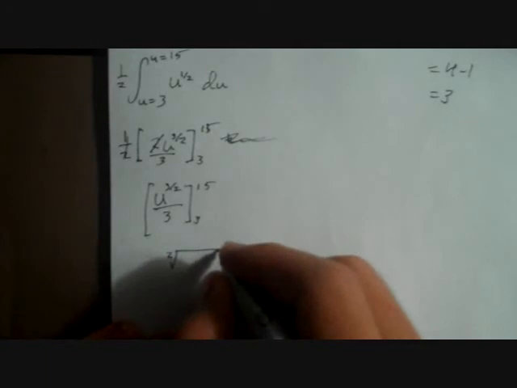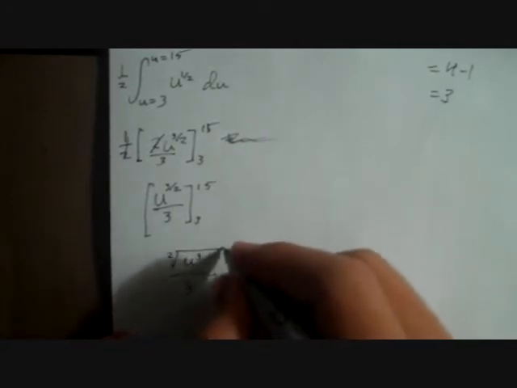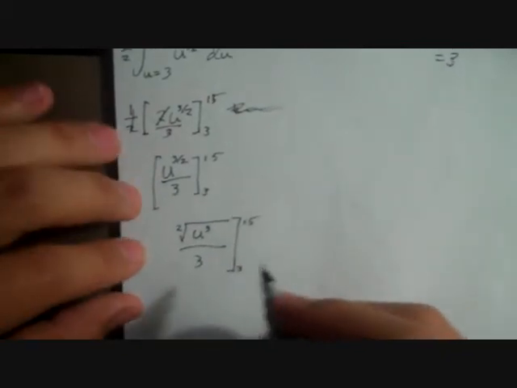So u to the 3/2, that's the same thing as the square root of u cubed, all over 3. So we're going to take that from 3 to 15. So we'll plug in our 15.